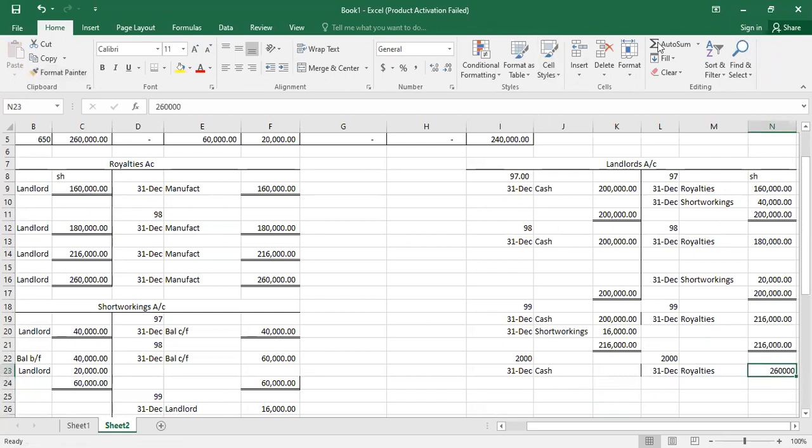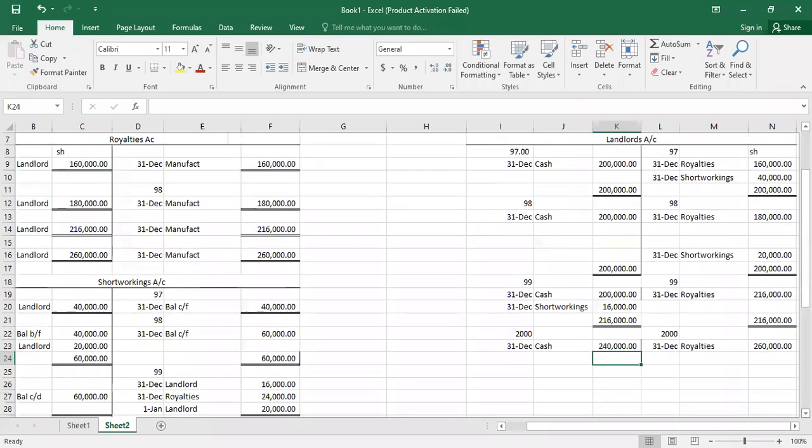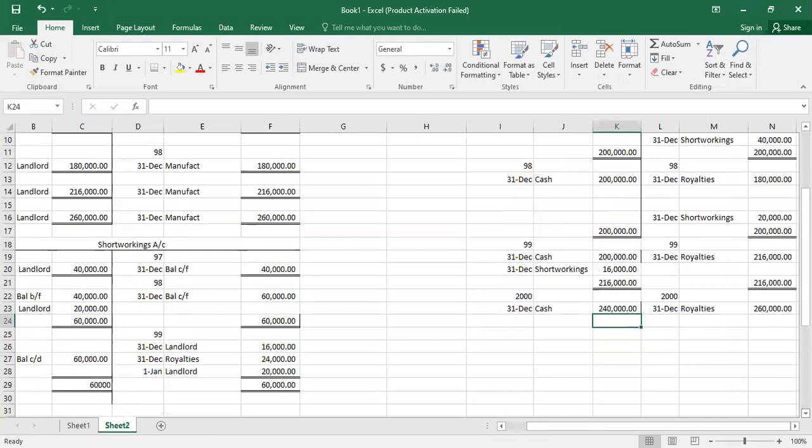We need to close this book. We are now finalizing. Our cash is 200. We are closing it with the balance. So you can see it's so automatic. The shortcomings from our past, the carried forward.